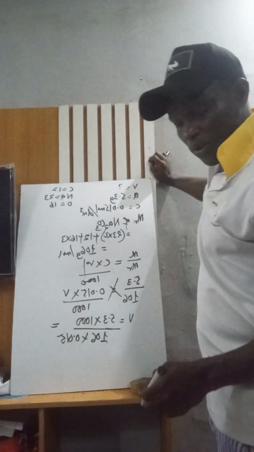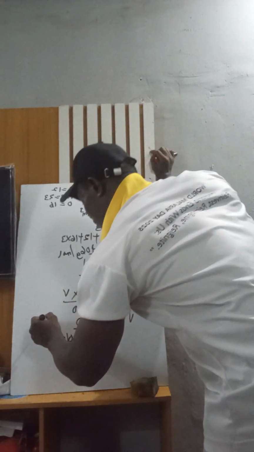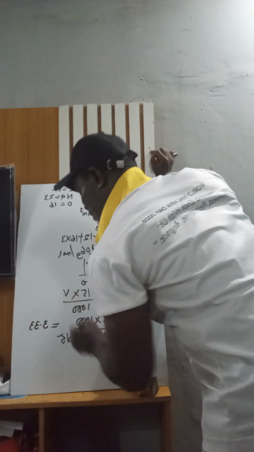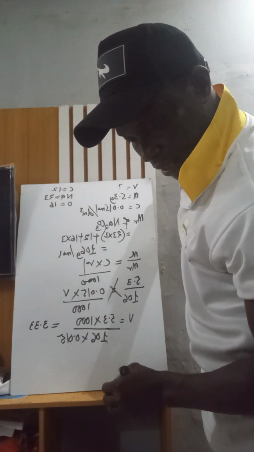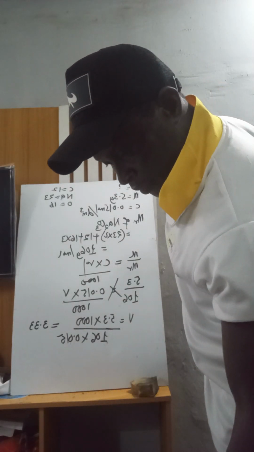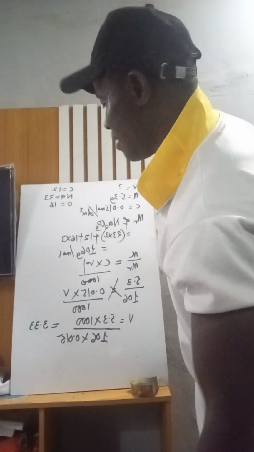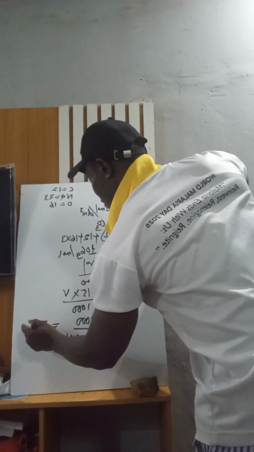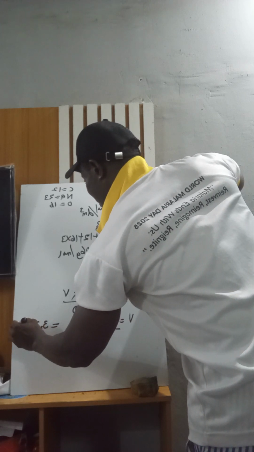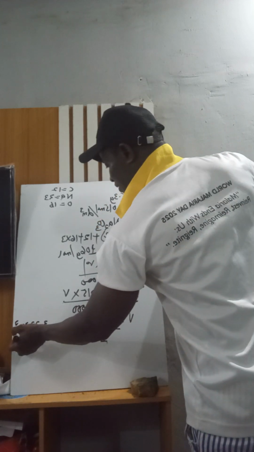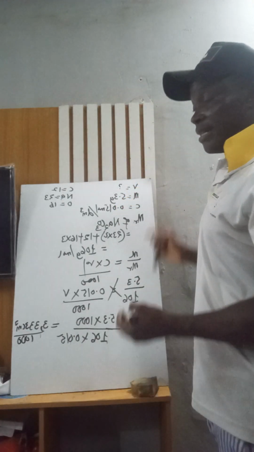That should give us 3.333, something like this, in cm cube. Then if you want to take it to dm cube, you just divide it by 1000, and you will get the volume in dm cube.